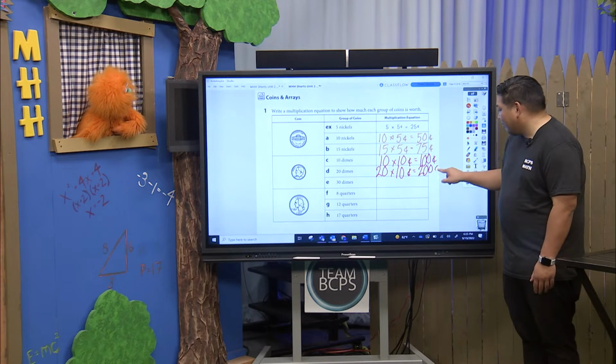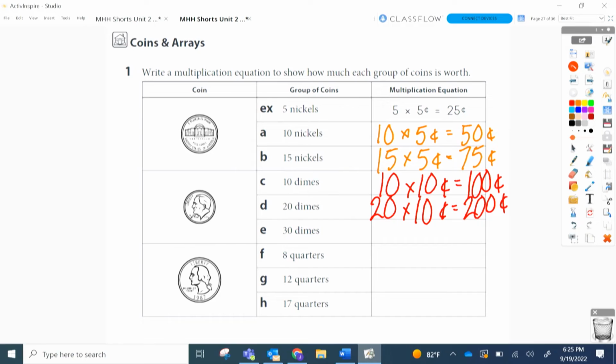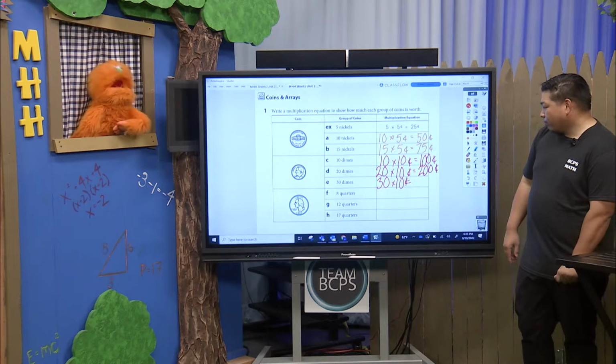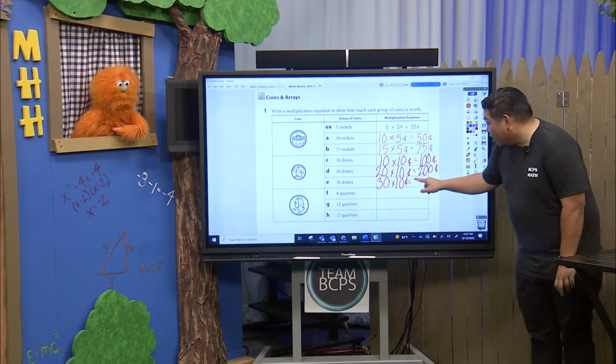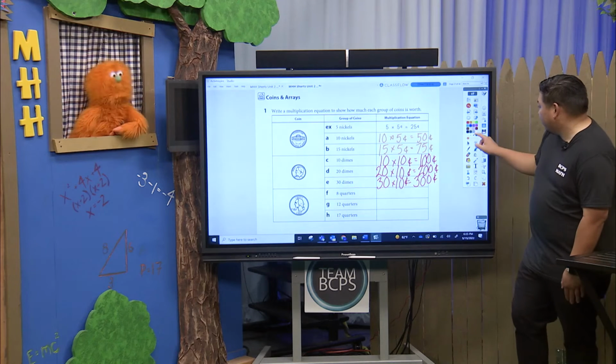Okay, and let's just keep going down the pattern here. It looks like we have 30 dimes, so 30 times 10 cents. 30 times 10 cents would be 300 cents. So that's another group of 100 cents. So we had 100, 200, and another group of 100 would be 300 cents. That's awesome. Money's really cool when you count it like this.